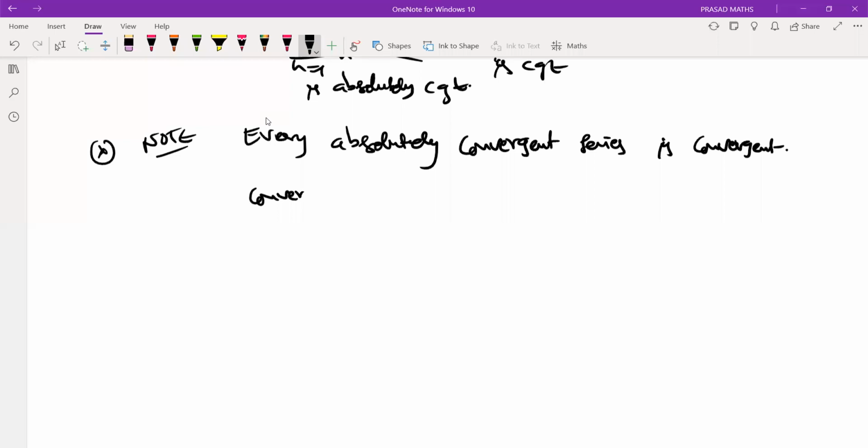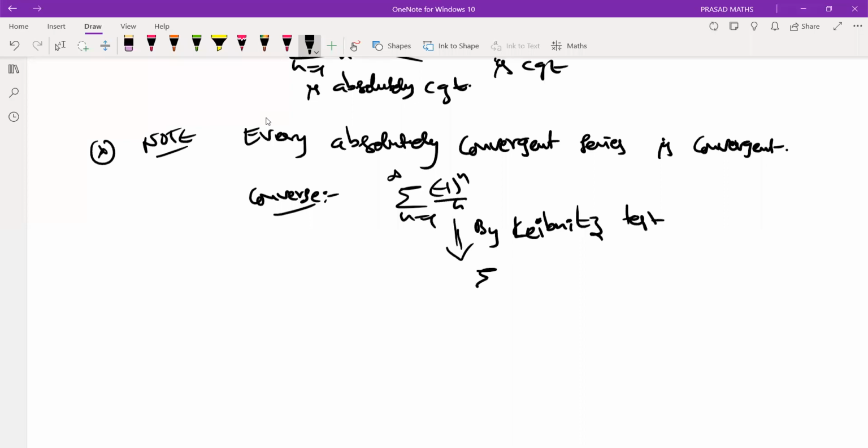This is a very simple proof: you can take the partial sums to show that it is Cauchy. Suppose you take this example, (-1)^n by n. By Leibniz test, we have shown that this is convergent, but it fails to be absolutely convergent.